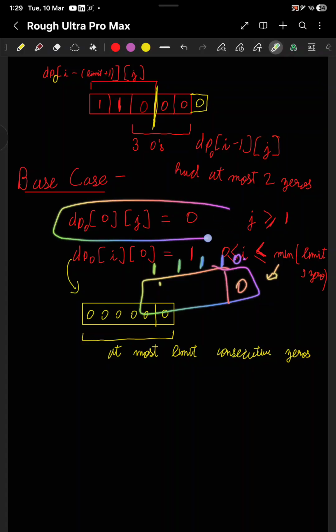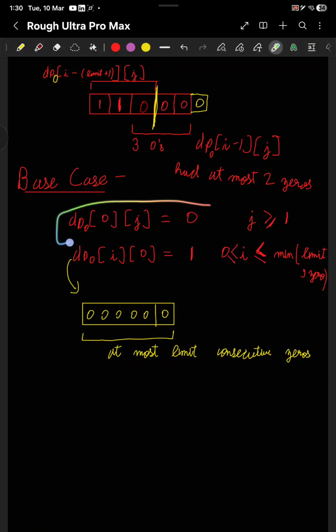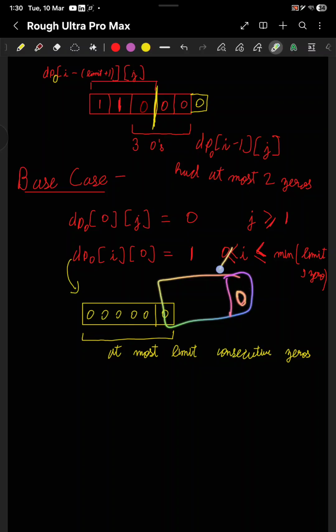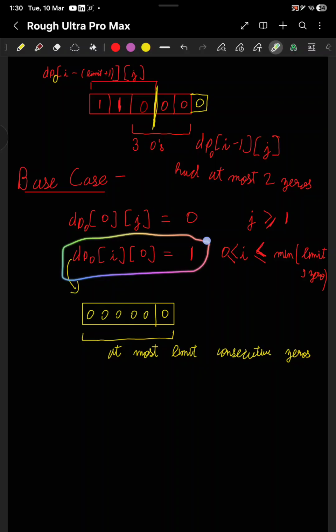So for these cases the number of ways of creating the arrays would be 0. And for this case, where the number of ones is 0, so they are ending with 0 and there are only zeros present in the array, there is only one way of creating: place all zeros, whatever i number of zeros there are, place i zeros, and there is only one way. So for this case it would be 1.